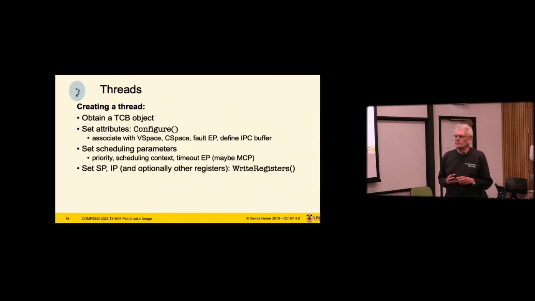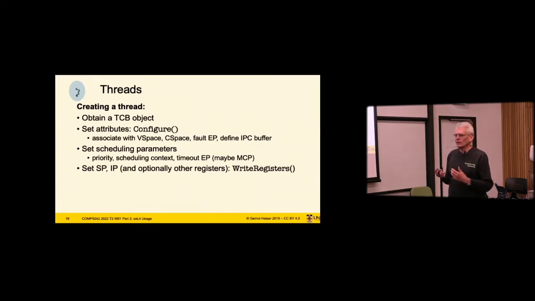So to create a thread, you create a TCB object. And that, as far as the kernel is concerned, that's the thread. It's not schedulable or runnable. You need to provide a few more things to make it so. And this is done by configure, which allows you to set these thread attributes. In particular, give it a V space and a C space. Without those, it can't do anything. And the scheduling parameters.